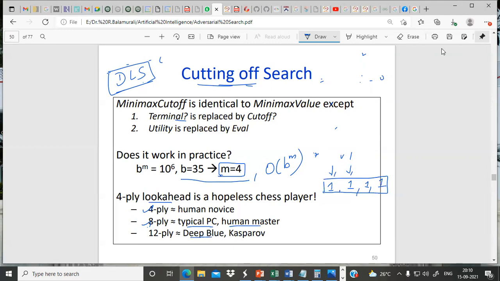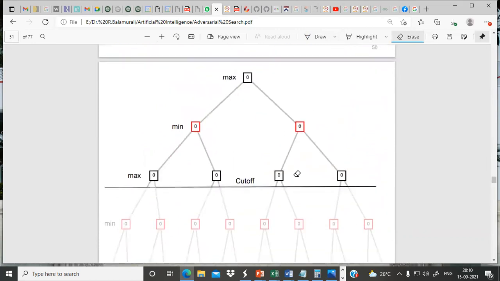Whereas chess programs like Deep Blue, which played Kasparov, can look ahead up to 12 ply level. So the chess programs created with 12 ply level can beat the world champions also. So if you limit the depth to 4, then it is solvable by a computer. It's practical, right? So that's the whole concept here.